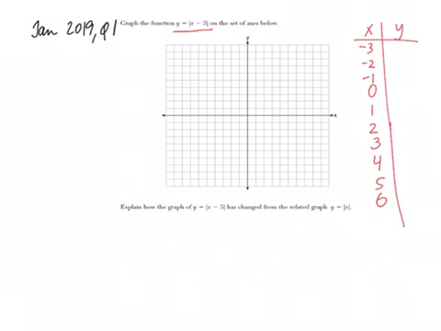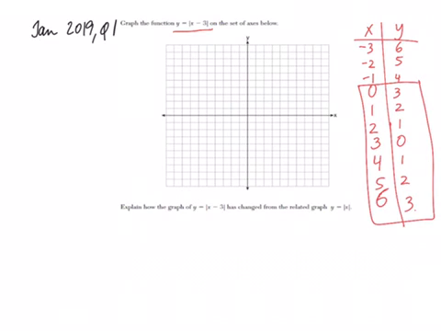Remember, we've got to show where the curve is, or the change is. So at -3, it's 6. At -2, it's 5. At -1, it's 4. At 0, it's 3, 2, 1, 0. And then it moves up. Right? So I'm going to plot from 0 to 6 based on these values.